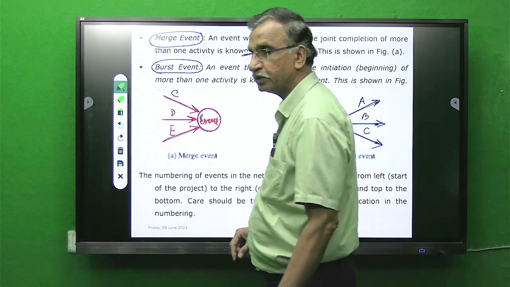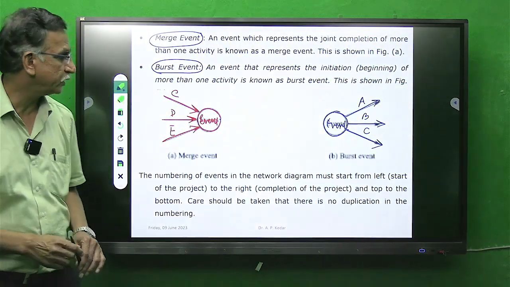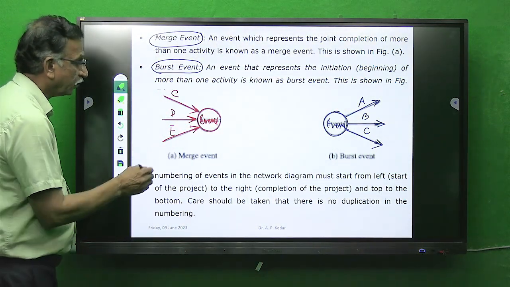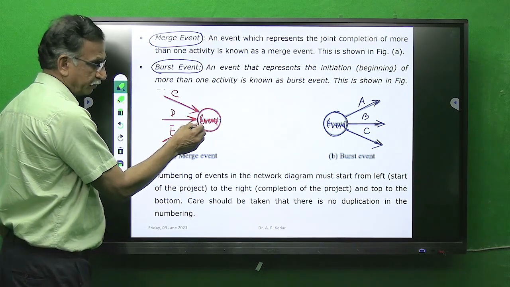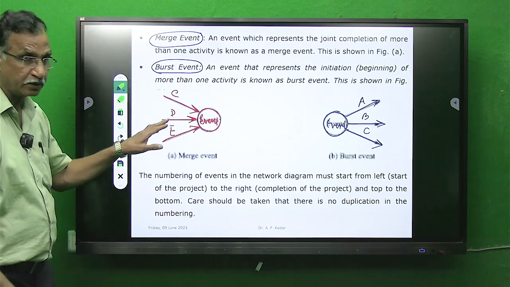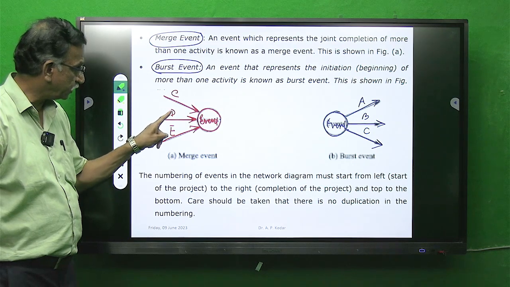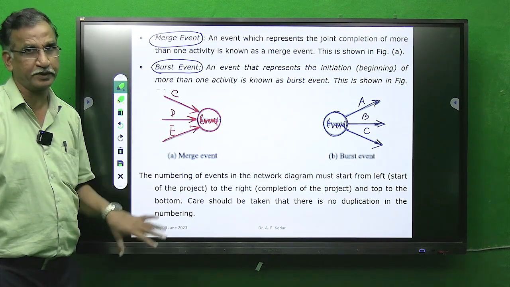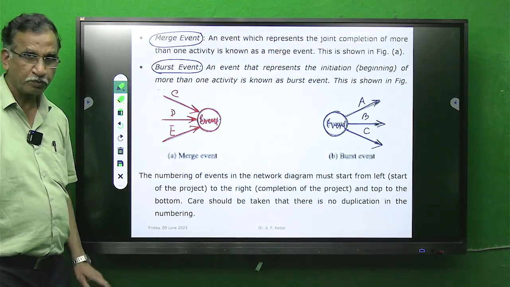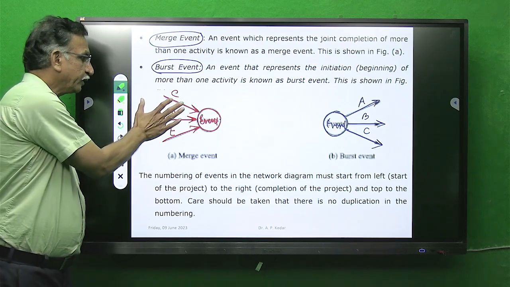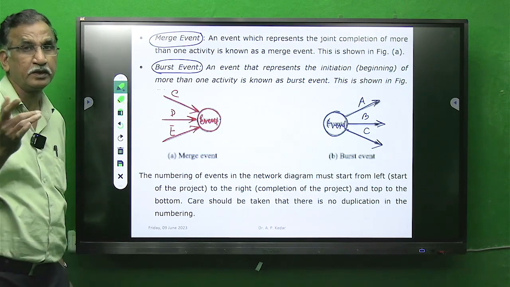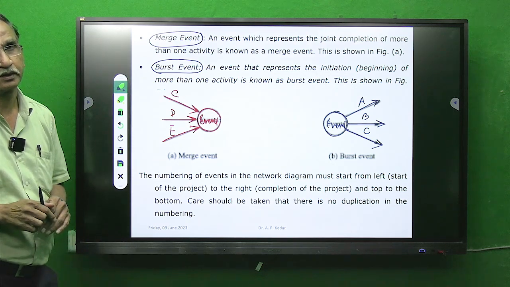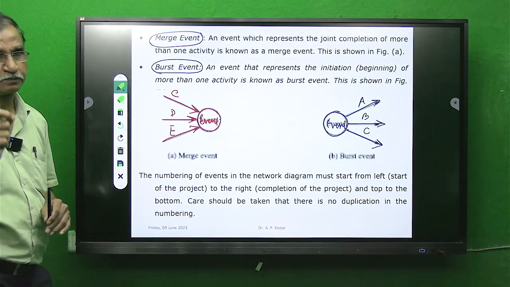Whereas the meaning of this merge event is we cannot say this event is completed unless and until all of C, D, E are completed. Suppose you complete activities C and D and your activity E is yet to finish.